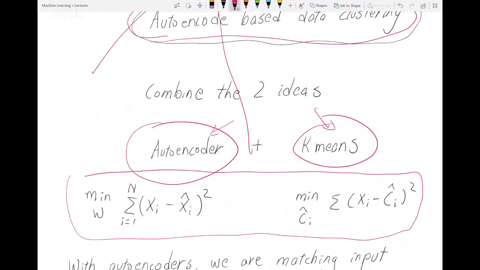This is because when you do dimensionality reduction, which is what autoencoder does, it gives you a lower dimension, but that lower dimension doesn't care about whether it's good for clustering or not. It only cares whether it's a low dimension representation. A perfect example looks something like this.